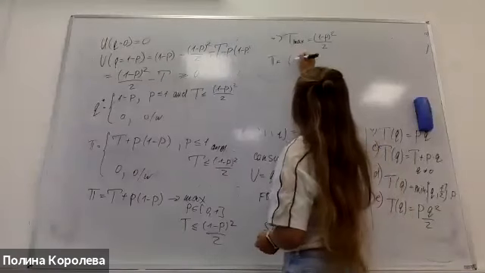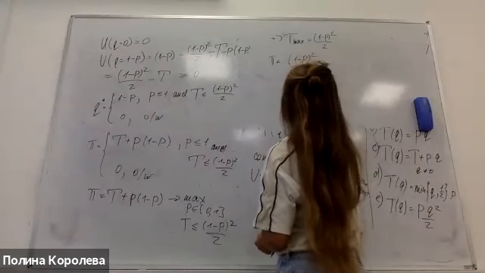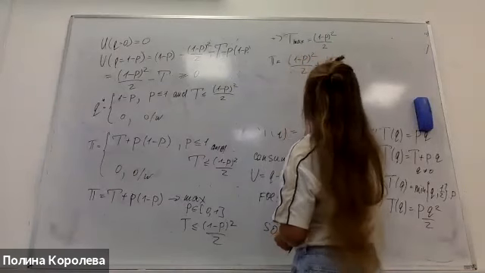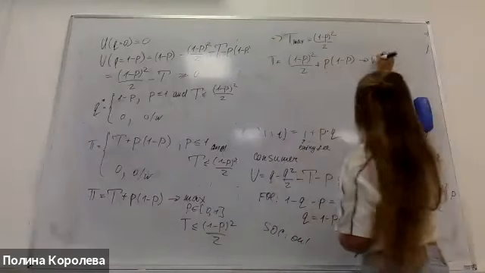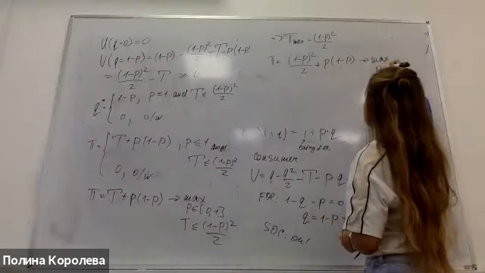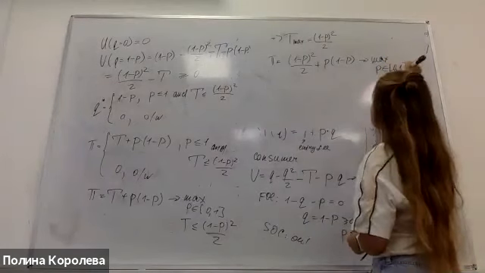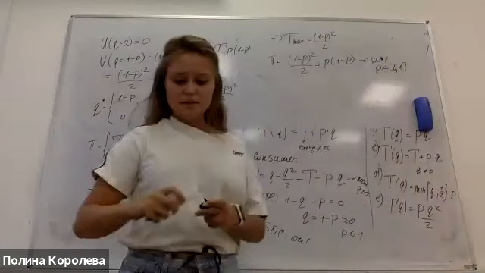So the profit of our firm we can rewrite as (1 minus p) squared divided by 2 plus price multiplied by 1 minus p. And this we should now maximize by price between 0 and 1. What can I see in this profit?